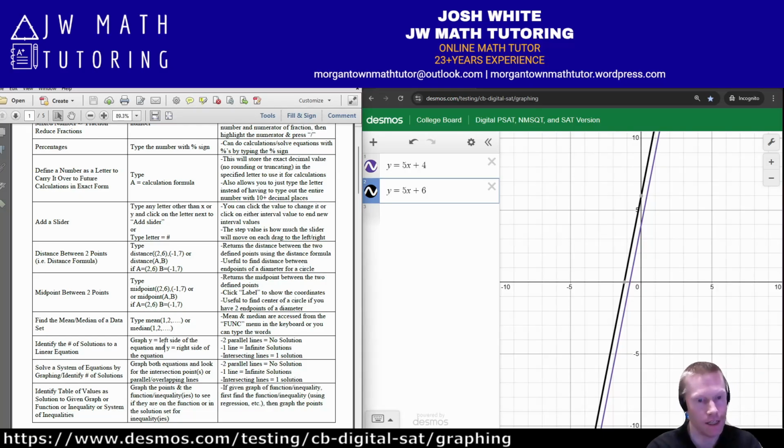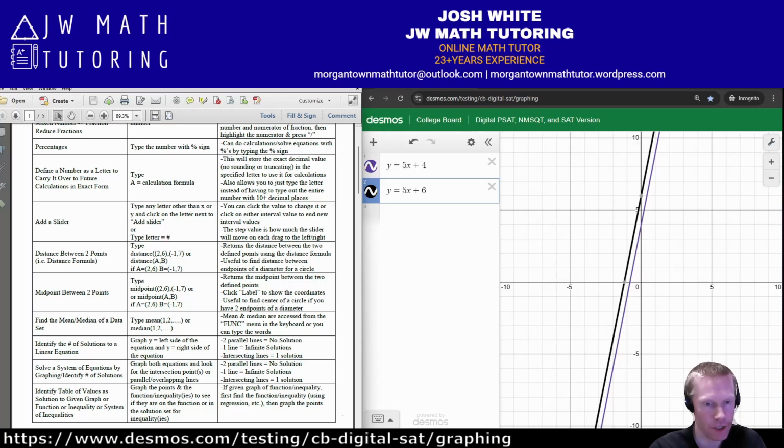All right, so now let's take a look at the last operation on this first page here of the core skills. So this is basically identifying a table of values or maybe even a single point as a solution either to a graph or a function or an inequality or a system of inequalities.